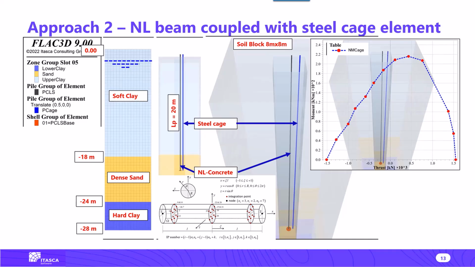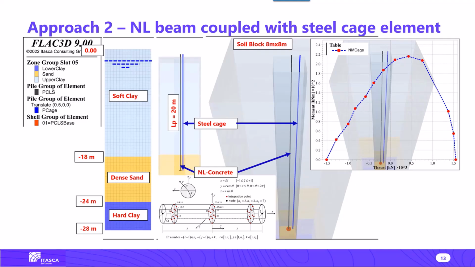In case we have to add the contribution of the steel cage, I had two piles at the same time that share the node. One is the concrete pile that follows the nonlinear constitutive relationship, which can be simulated with a Mohr-Coulomb, and now with a Mohr-Coulomb material or Drucker-Prager, but there will be other developments in the future.